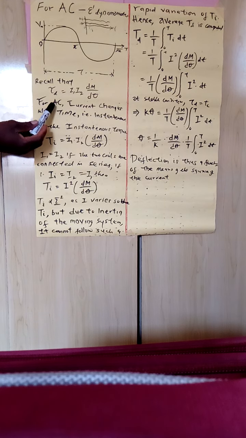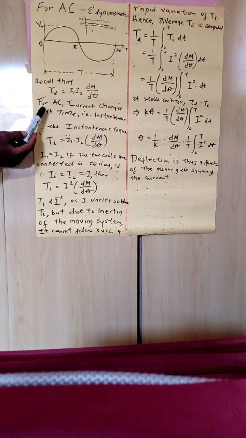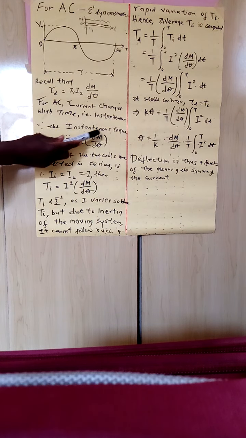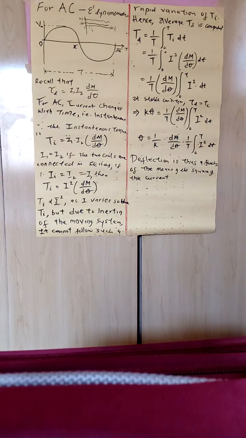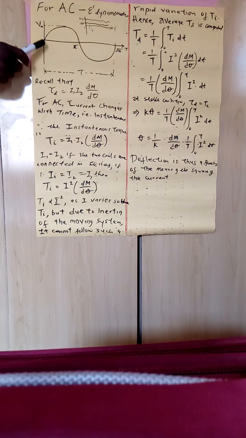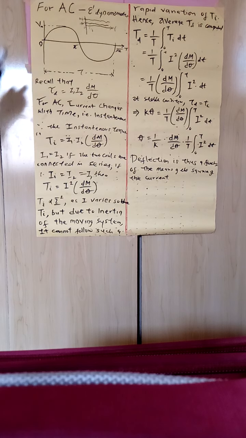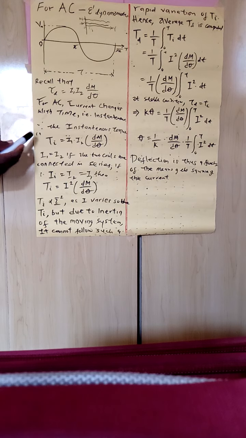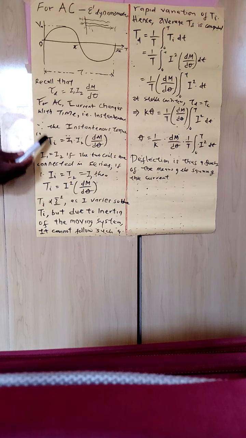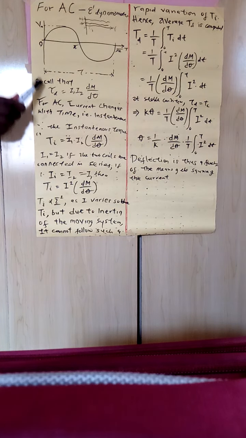For AC, current changes with time, and therefore we have the instantaneous torque, because this varies with time. That means at every point in time, we ask how the voltage changes. So that is now instantaneous, not the deflecting torque directly.